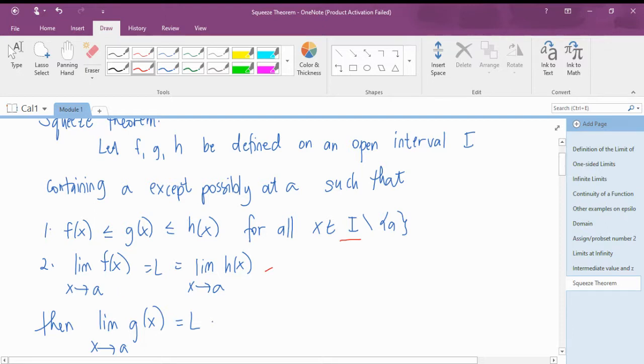Okay, so when we satisfy the first and second conditions, we can conclude that the limit of g of x as x approaches A is also equal to L. If you imagine, since the limits of our two bounding functions, f of x and h of x, have an equal value, the limit of g of x as x approaches A is forced to that same value.